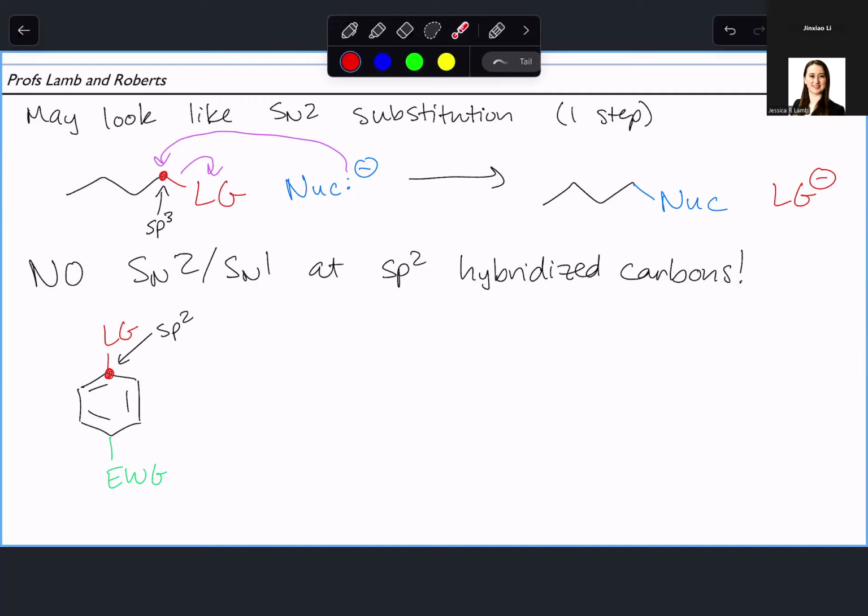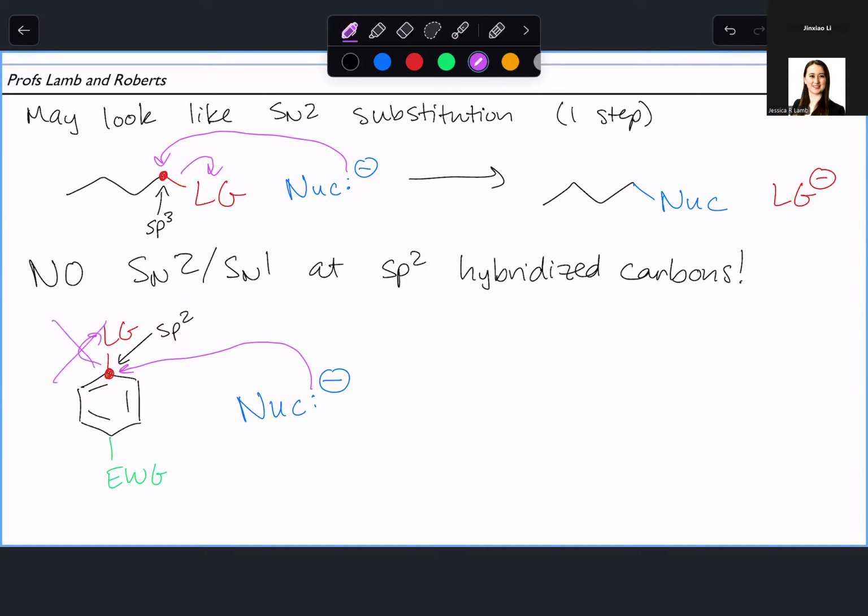Because we only have a leaving group and 2 carbons. This double bond here makes it sp2 hybridized. So what we see a lot is people trying to do an SN2 reaction. They'll take the nucleophile, attack that electrophilic site, and then the leaving group just leaves. That cannot happen. Can't happen.